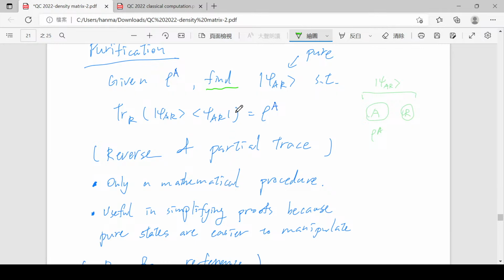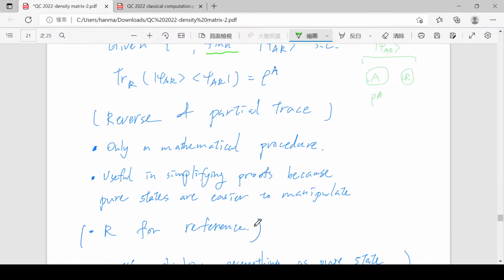Mostly because, well, instead of this density matrix, now you have this pure state, and pure states are usually much easier to do calculation on.